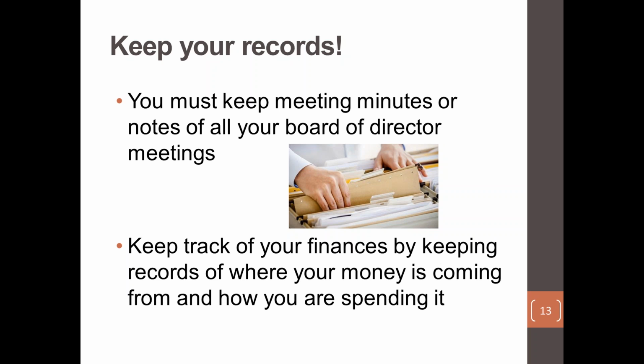Those are very important because the meeting minutes or the notes become the official record of the meeting. If it's in the meeting notes, then it's official. If it's not, then it's not official. If you have something to vote on, you record those in your notes or your meeting minutes. That way you know what decisions were made and what the voting record was for them.